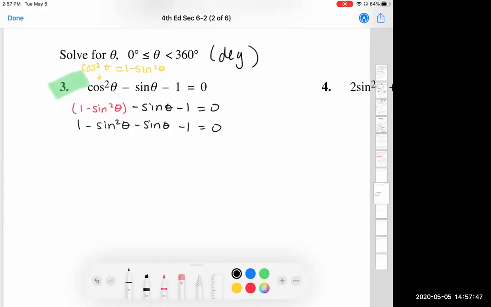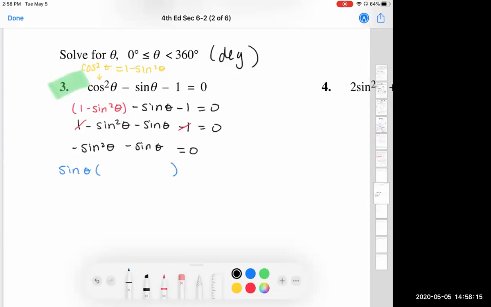All right, let's go ahead and combine like terms. We see that 1 minus 1 adds to be 0, and we're just left with negative sine squared theta minus sine theta equals 0. So let's go ahead and factor a sine theta. If I factor a sine theta, what am I left with?